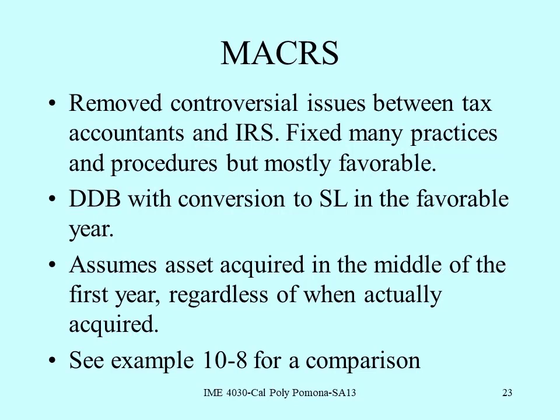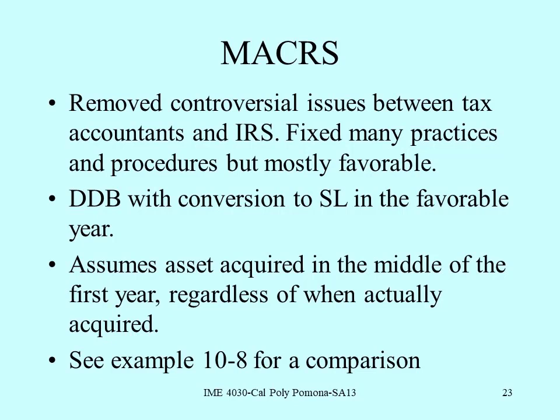Also, companies would say that items had very low salvage values because they wanted to depreciate them further, and the IRS would fight it because they wanted more tax revenue. And with all of that, finally, the Congress passed this law which kind of provided a cookbook approach. But the cookbook approach does give a lot of advantages to businesses. It basically adopted double declining balance with conversion to straight line in the most favorable year as the tax method.